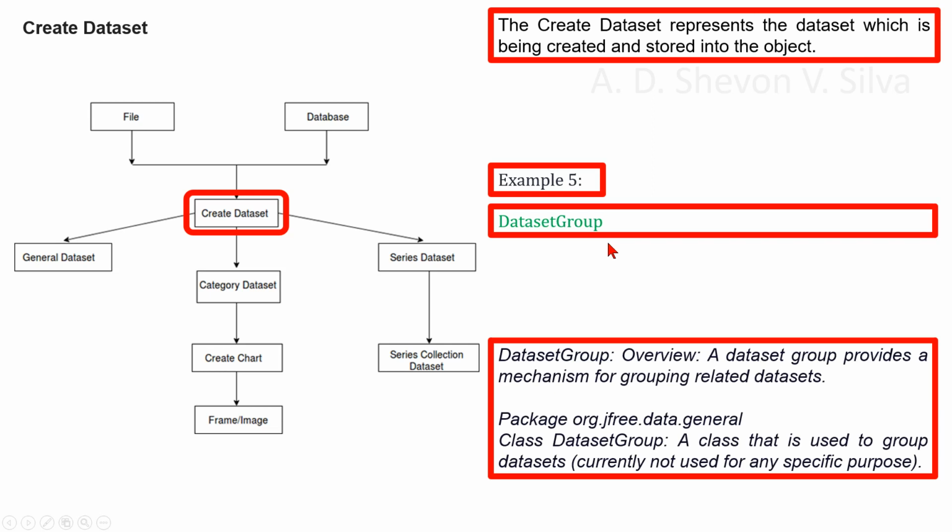Overview of DatasetGroup: a dataset group provides a mechanism for grouping related datasets. The class DatasetGroup, in package org.jfree.data.general, is a class that is used to group datasets. At present, this is not used for any specific purpose.